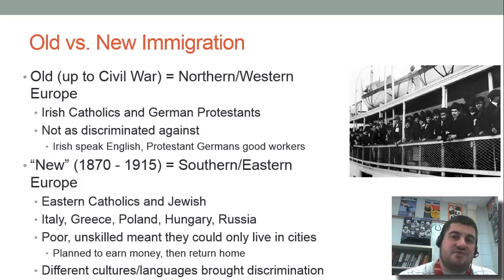A lot of them plan to actually earn their money in America, then return home. That's why there's a debate whether or not immigration in America is really made up of all these immigrants, because a lot of them just used America as a means to better their family. And these different cultures and languages from this new wave of immigration cause discrimination against these people.